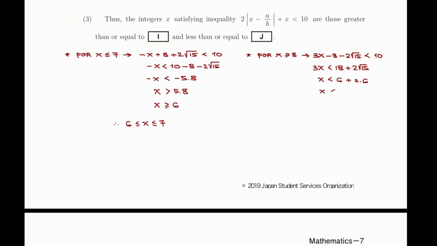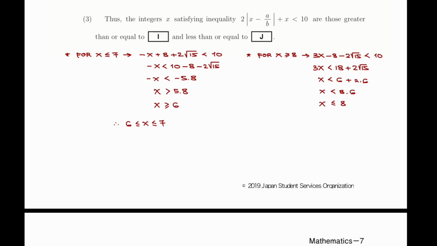So x is less than 8.6. And then, once again, since x is an integer, x less than 8.6 can be written as x less than or equals to 8.